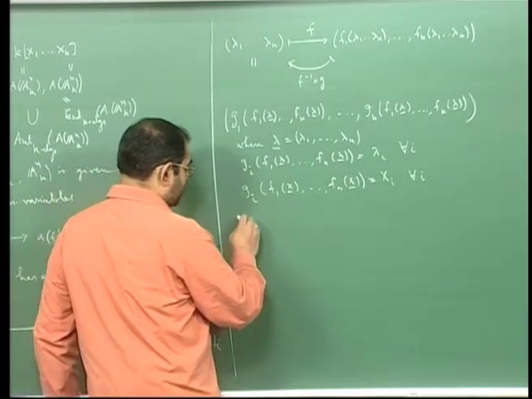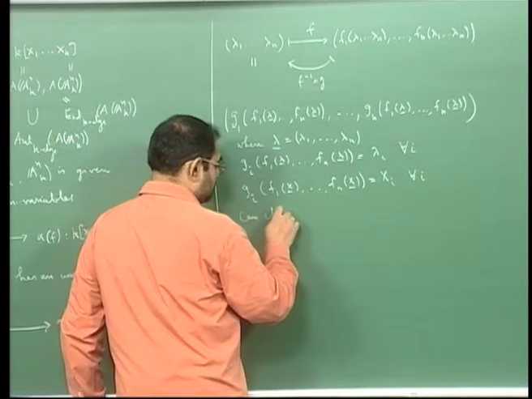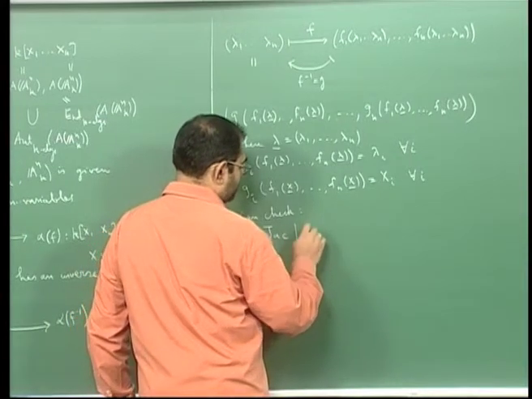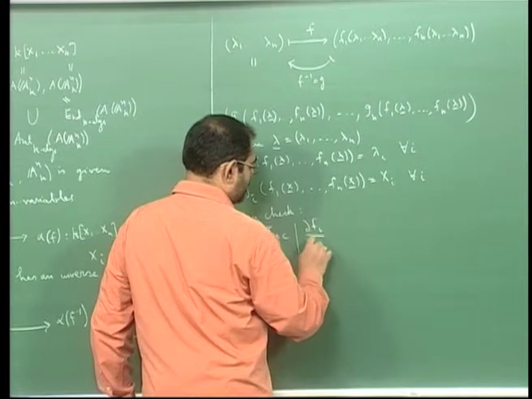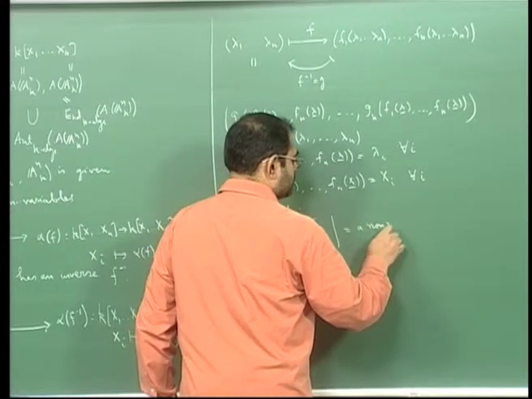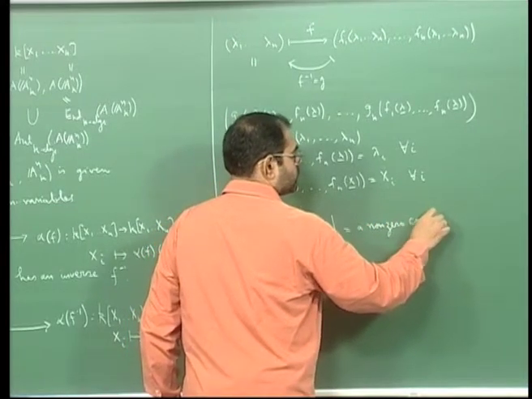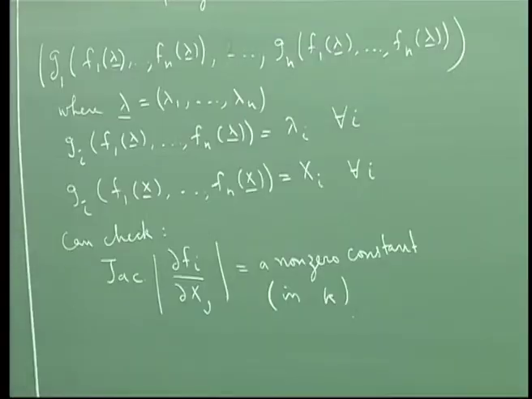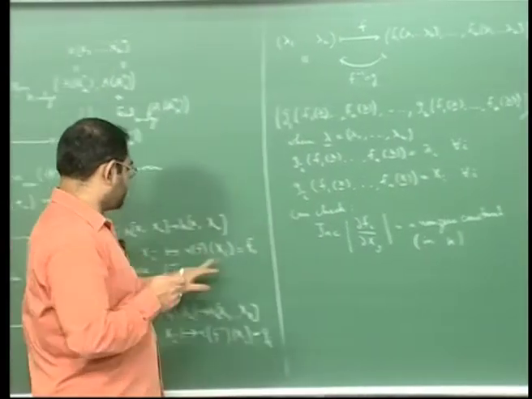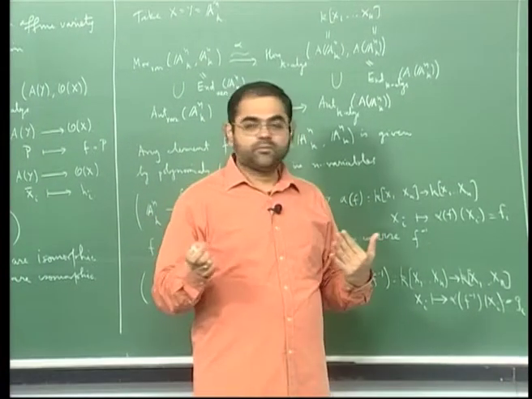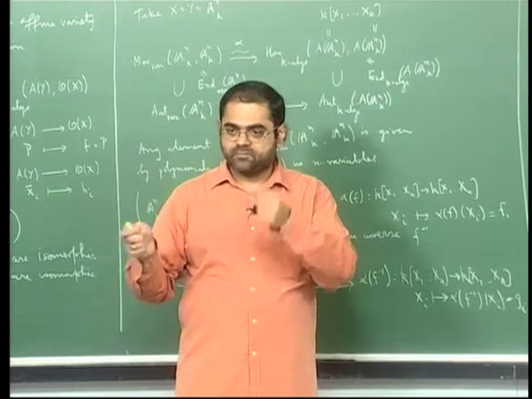Then what you can check is that the Jacobian of the partial derivatives of f_i with respect to x_j is a non-zero constant in K. So what you must understand is that each f_i is a polynomial in n variables, and if I differentiate partially with respect to each variable, I will again get a bunch of polynomials.